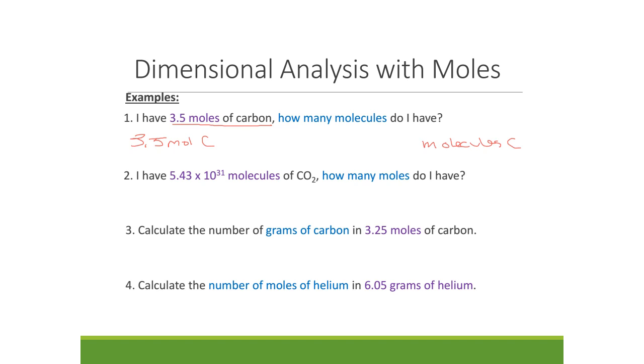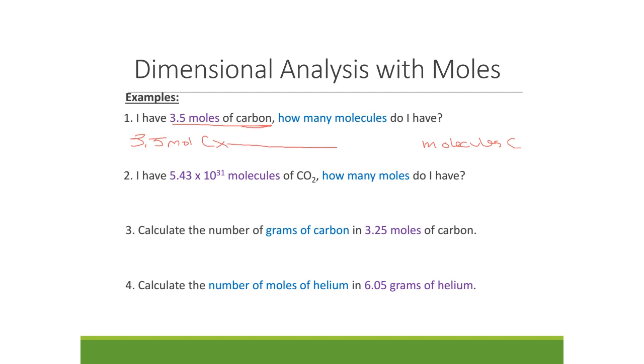Notice that as part of my unit, it's moles of carbon, and I included that in my setup. So starting with 3.5 moles of carbon, we're trying to convert to molecules of carbon. So I can tell that this is a dimensional analysis problem because we're switching our units. So anytime you're doing dimensional analysis, we're going to set up a conversion factor, which remember is a ratio. So draw your fraction line.